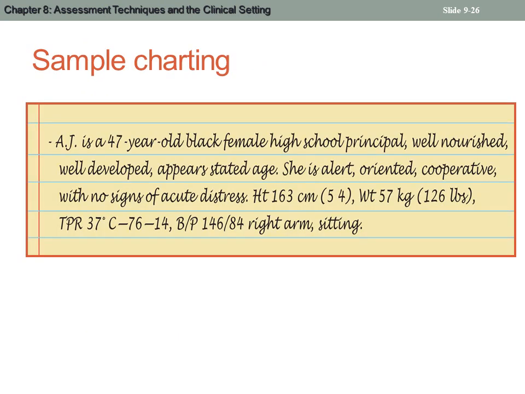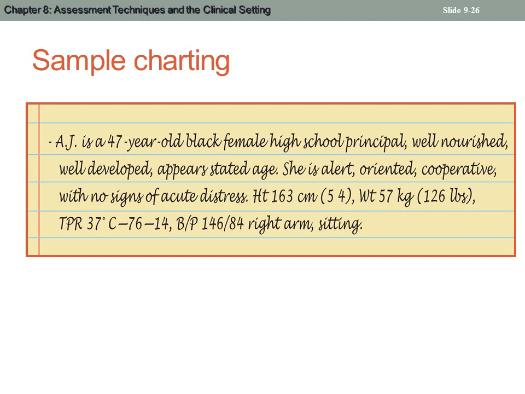So sample charting, if you're charting vital signs, we have a patient, 47-year-old black female, high school principal, well-nourished, well-developed, right, appears stated age. Patient is alert, oriented, cooperative, with no signs of acute distress. Height, 5'4" or 163 centimeters. Weight is 57 kilograms or 126 pounds.